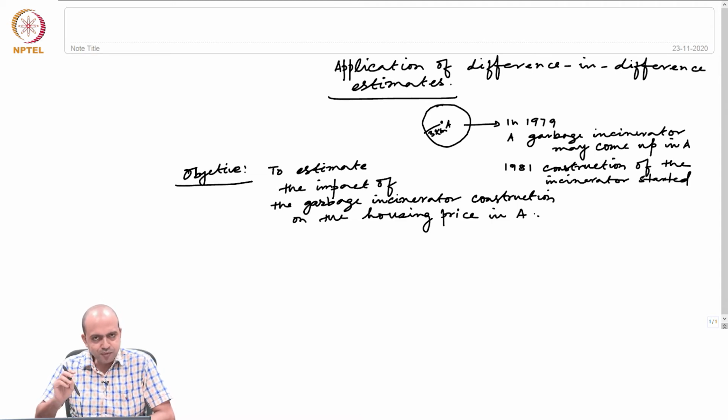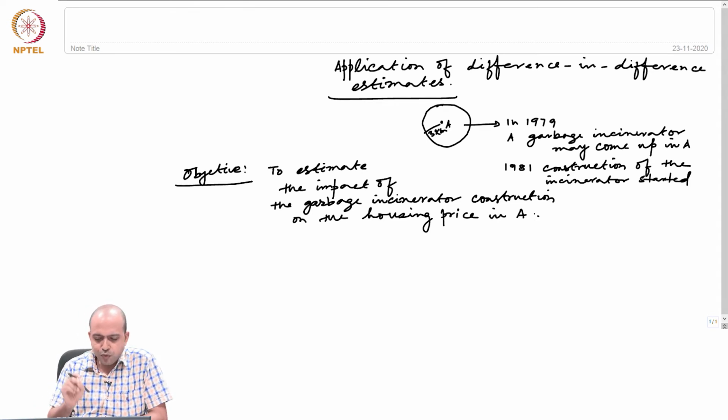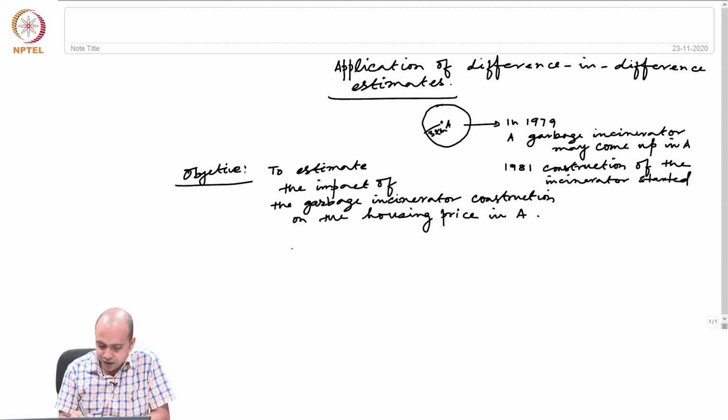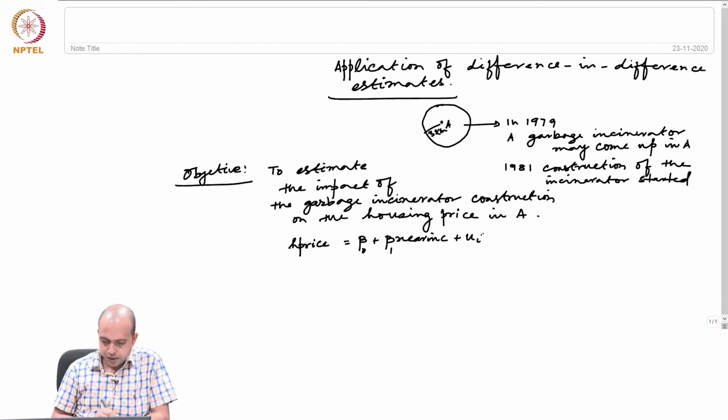Applying a dummy variable model, if you know the basics, what type of model can we apply in this context? Let us say that we are defining our dependent variable as housing price. Housing price equals beta 0 plus beta 1 near incinerator plus u i.